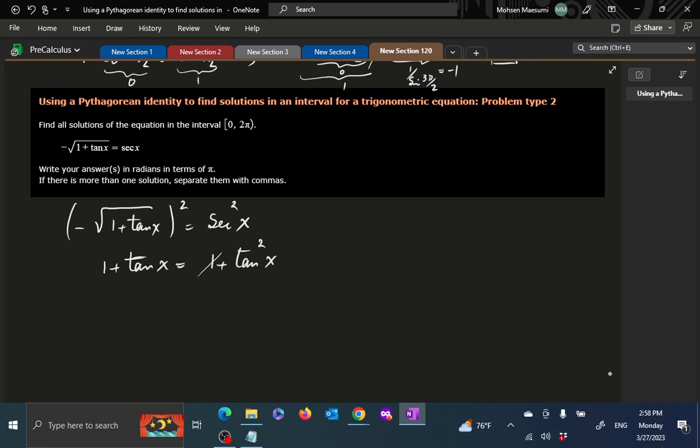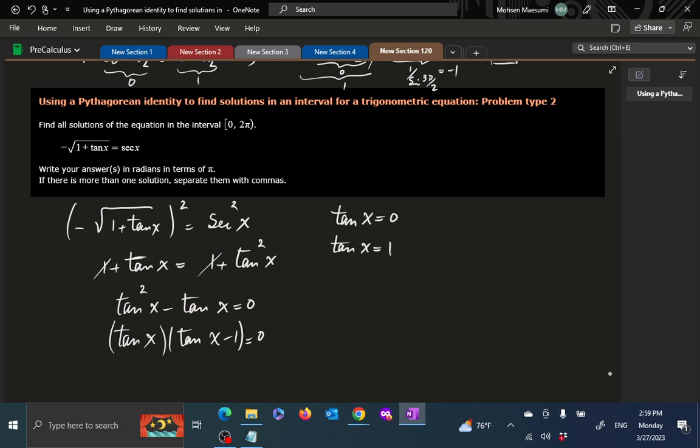So we cancel the ones, and now we have tangent square of x minus tangent of x equal to 0. We can factor this: tangent of x times tangent of x minus 1 is equal to 0. Two branches come out of this. Either tangent is 0 or tangent is 1. This one gives me 0 and pi. This one gives me pi over 4 and 5 pi over 4.